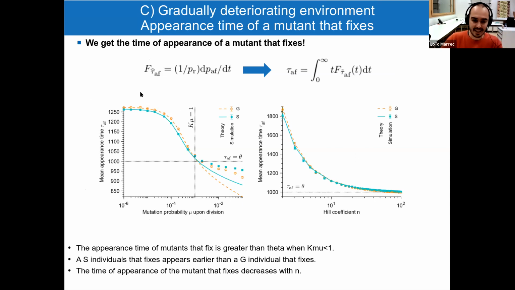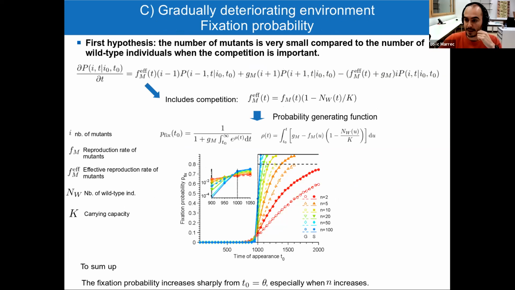And so as you can see, a mutant that rescues the population appears after the inflection point. And it's coherent with what we saw previously, because a mutant that appears after the inflection point is more likely to fix in the population.